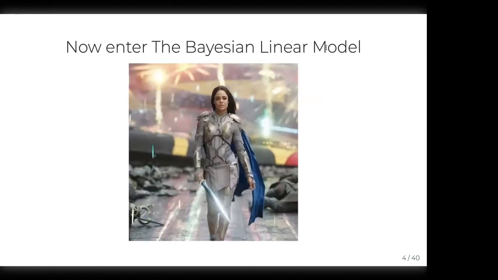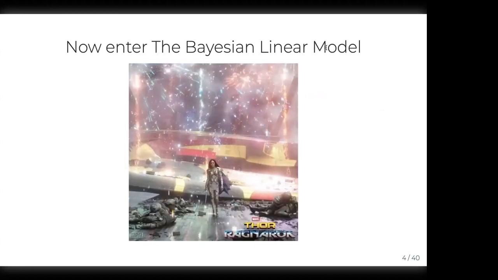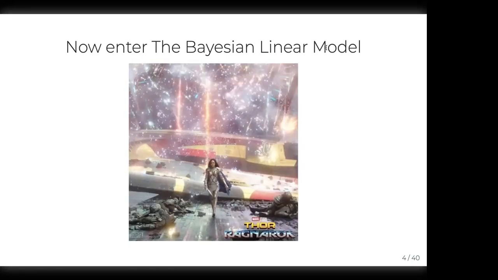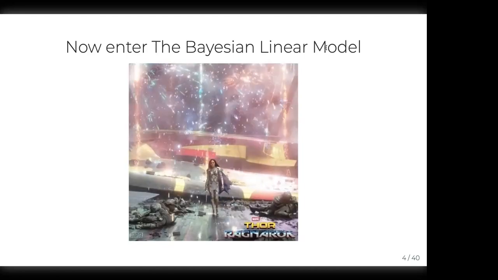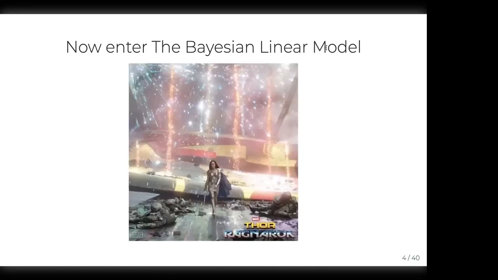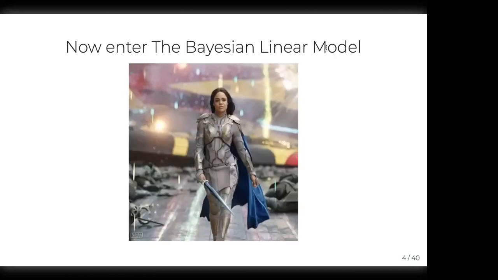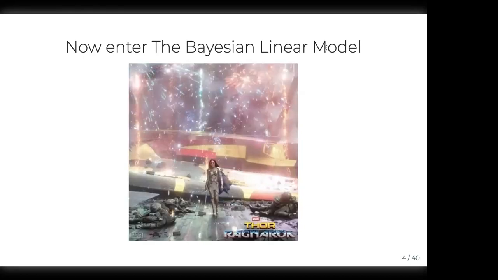But what we're going to focus on in this workshop is Bayesian linear models. In principle, they're very similar to linear models done under a frequentist framework, which is the framework that gives you p-values. But of course, they have a Bayesian spin. And I think of Bayesian linear models as a superpower version of linear models, basically. And we're going to see why in a second.